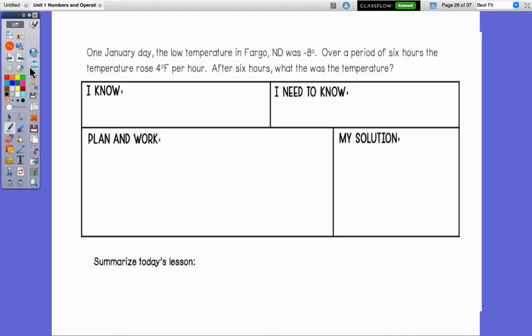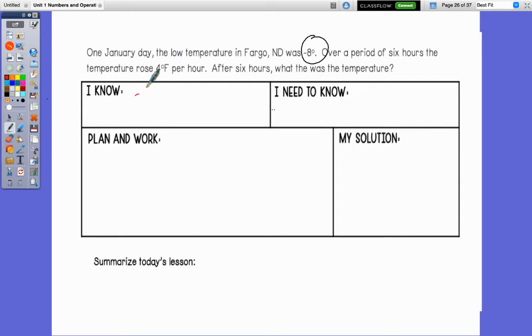Not hard. Okay, so now we're going to do a real world problem. One January day, the low temperature in Fargo, North Dakota was negative 8 degrees. Over a period of 6 hours, the temperature rose 4 degrees per hour. After 6 hours, what was the temperature? Well, what do I know? I know that the low temperature was negative 8.